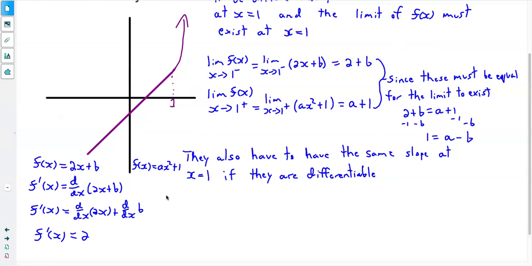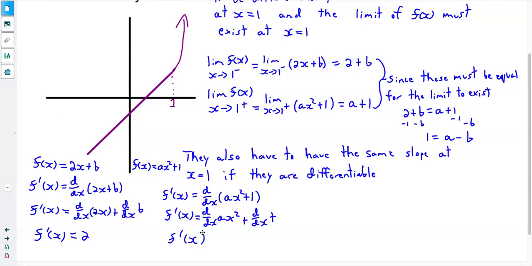For this one, we have f prime of x is our derivative of ax squared plus 1. That's the same as our derivative of ax squared plus our derivative of 1. So the derivative of x squared is 2x, multiplied by that a.